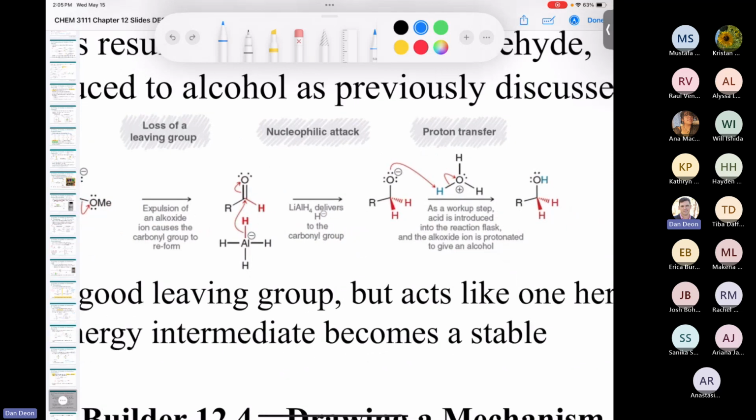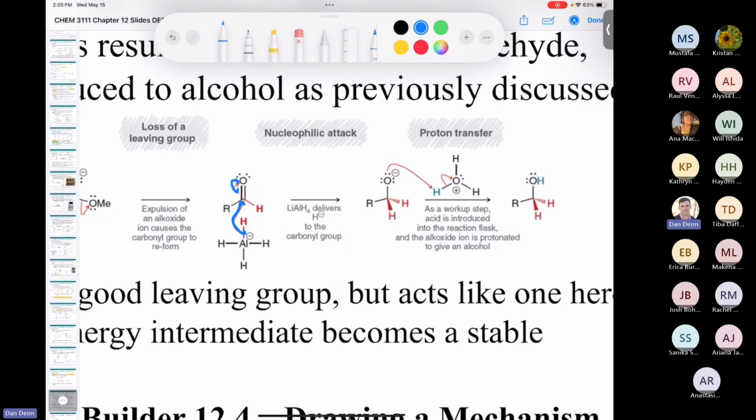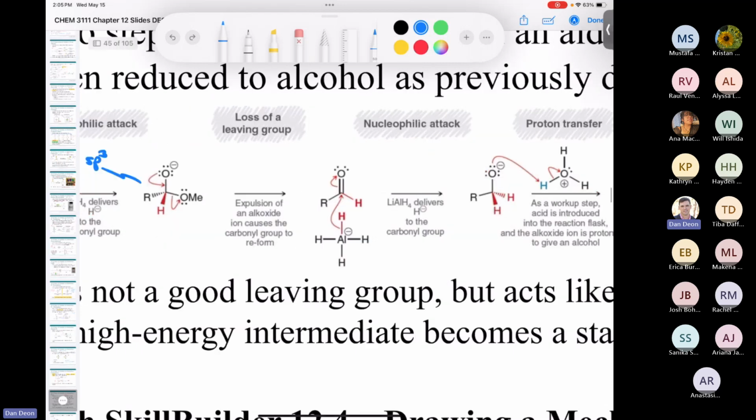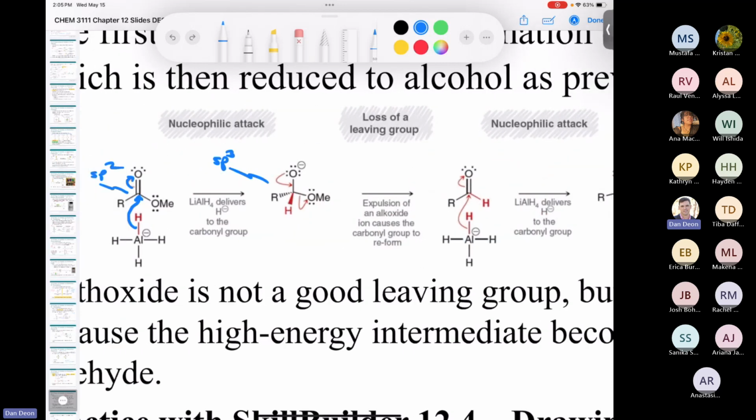First, you deliver the hydride, form an alkoxide, then H3O plus comes in, you do a proton transfer. So the key moment in this mechanism is this part here, loss of a leaving group. It says here, loss of an alkoxide. You're losing methoxide.